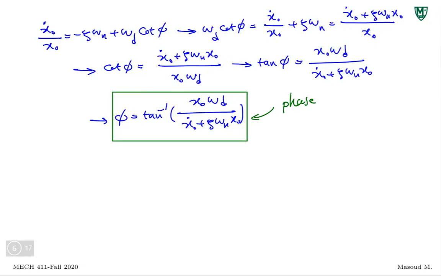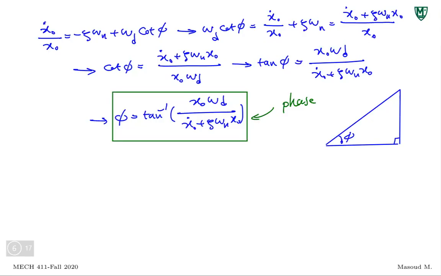Now, I can say this phi can be part of a right triangle. Be with me a little bit here. So let's say it is a right triangle like this, and this is phi.